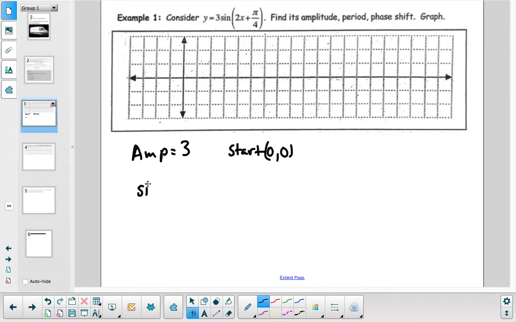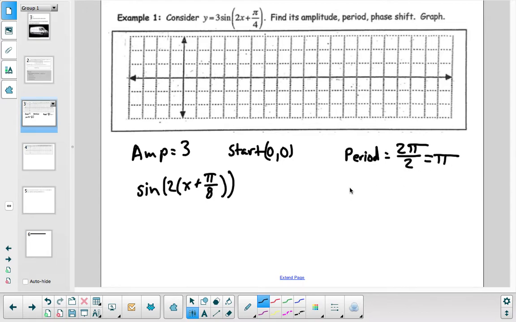So I'm going to factor out that 2. x plus pi over 8. Basically just divide pi over 4 by omega. Omega affects our period, so the period is 2 pi divided by omega, which is just pi.